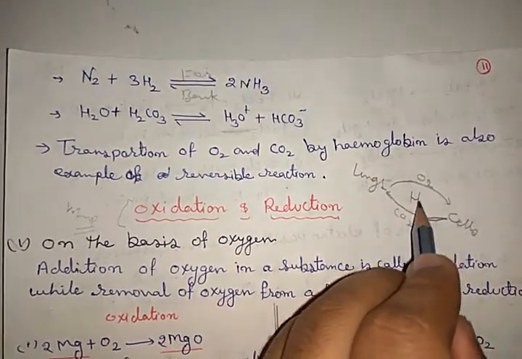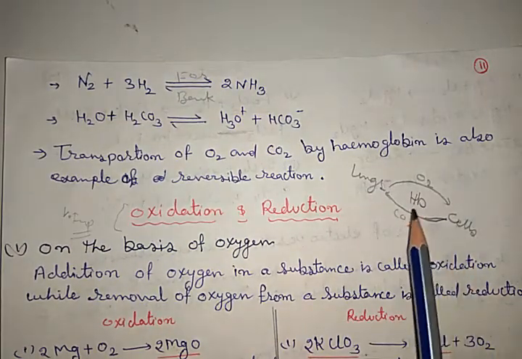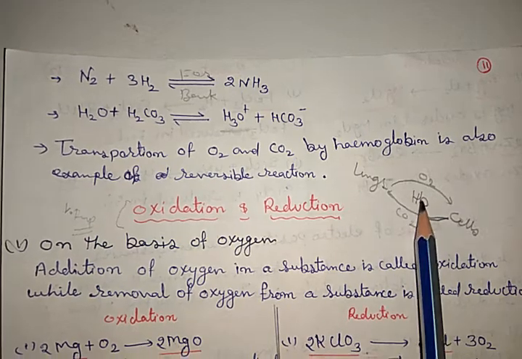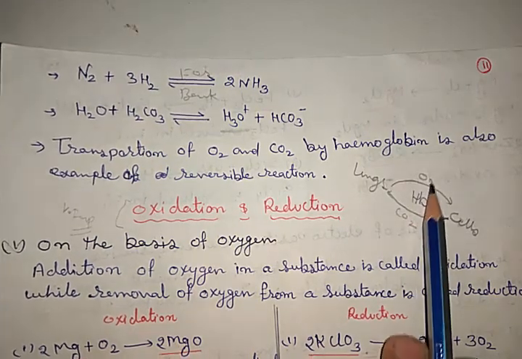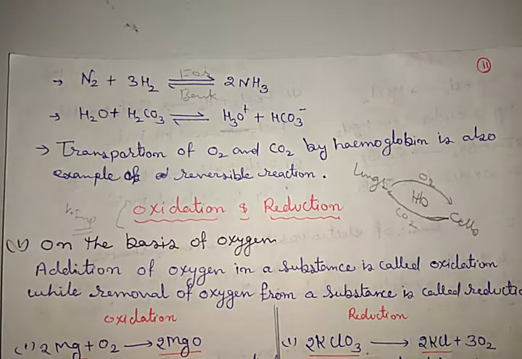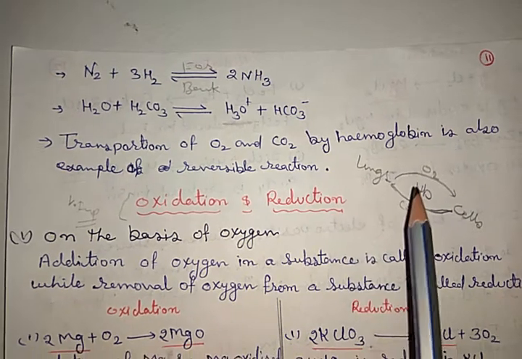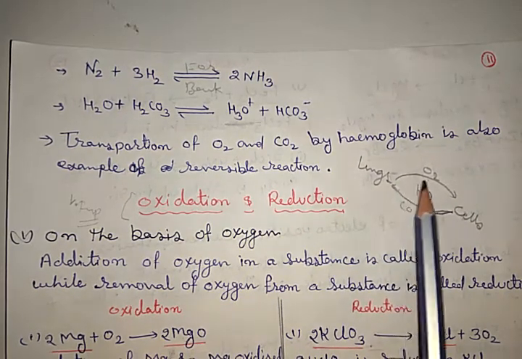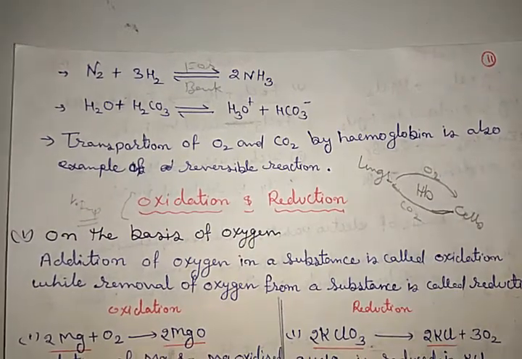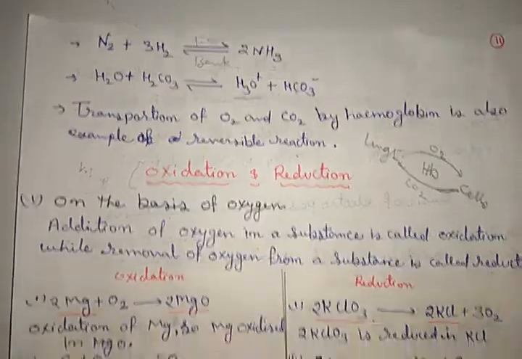This cycle proceeds. If it were not a reversible reaction, the hemoglobin would permanently attach with either oxygen or carbon dioxide. Then how would the transportation be performed in our body? So hemoglobin combines time to time, and that comes in the category of reversible reactions.